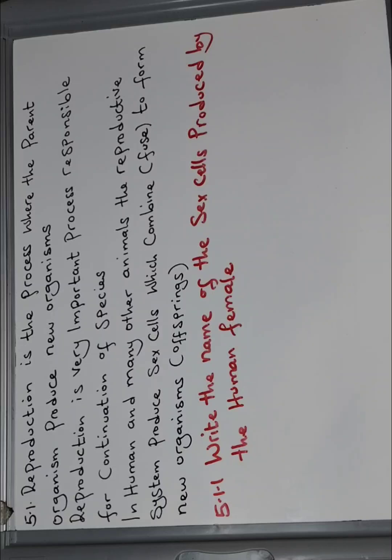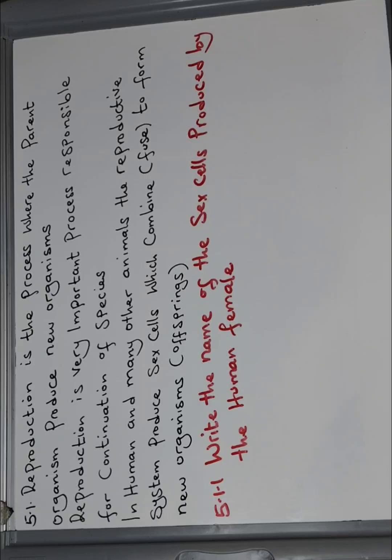In human and many other animals, the reproductive system produces sex cells which combine or fuse to form new organism, which we call offspring. So technically, this statement tries to briefly summarize what reproduction is. Reproduction is when an organism gives birth or leads to production of another organism.